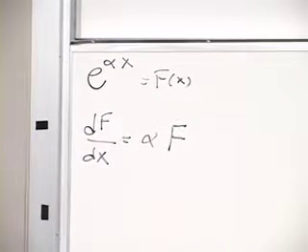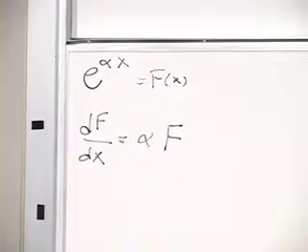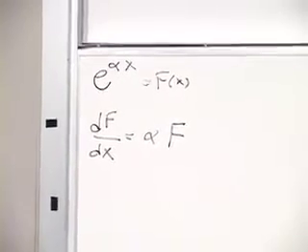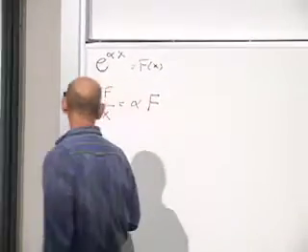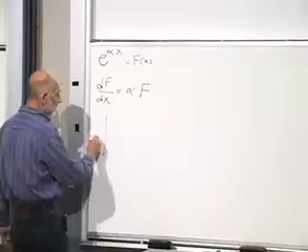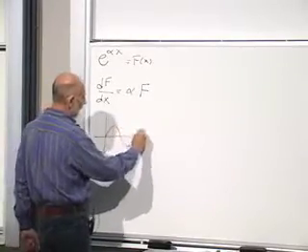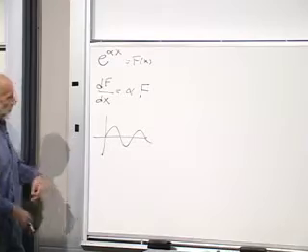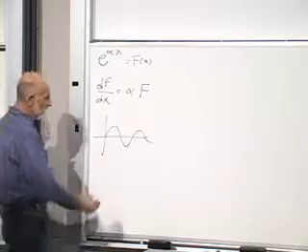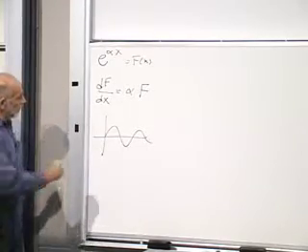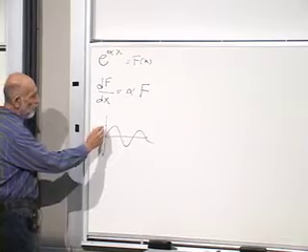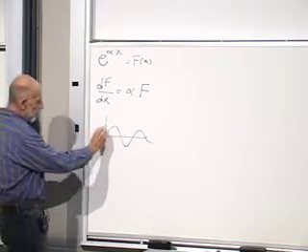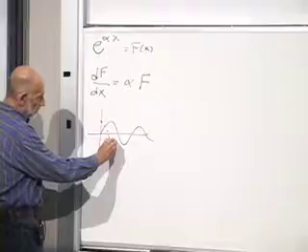Now, let me remind you of some facts about sines and cosines, and then put them together very quickly. Sines and cosines, you know what they are. They're functions which oscillate like this. That's sine of x, and cosine of x is exactly the same function except shifted over by 90 degrees, and it looks like that. I'm sure you all know this.